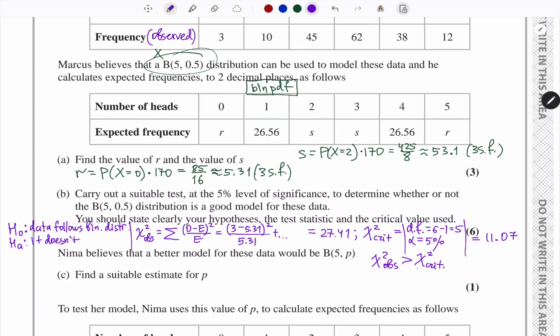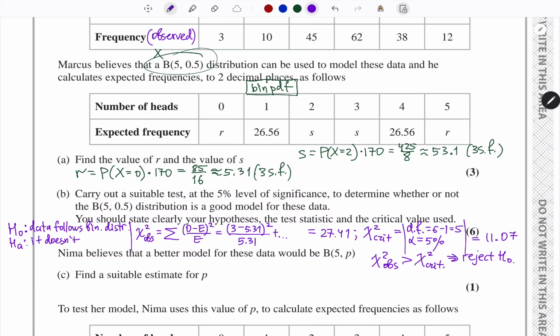Chi-squared observed is bigger than the critical value. So what does it mean? We reject the null hypothesis. The full version of your answer sounds like: at 5% significance level, we have enough statistical evidence to claim that the data does not support the null hypothesis. That is, the distribution does not follow binomial distribution.